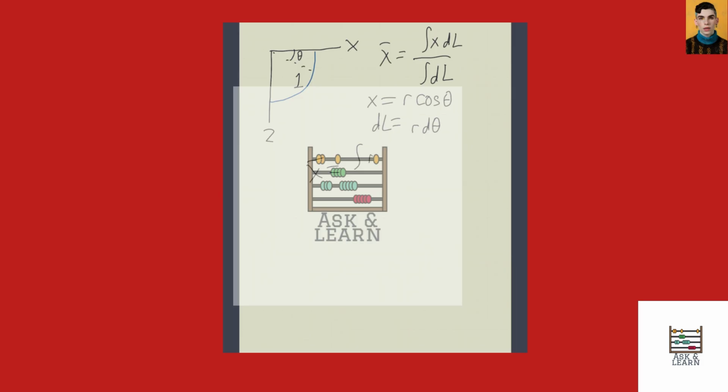And so plugging these in, we get r squared cosine theta d theta in the numerator, and r d theta in the denominator, and this is all going from 0 to pi over 4 because it's a quarter of a circle. Sorry, pi over 2 actually.